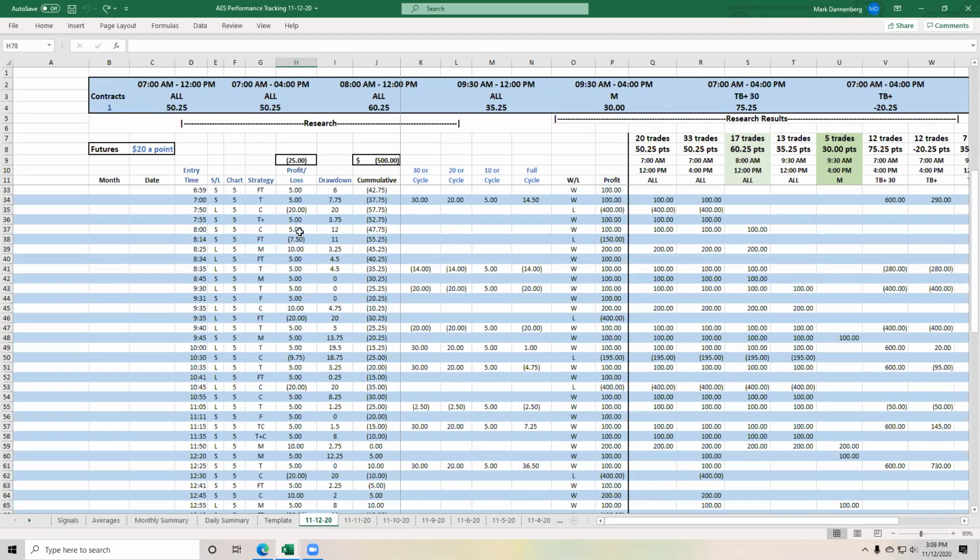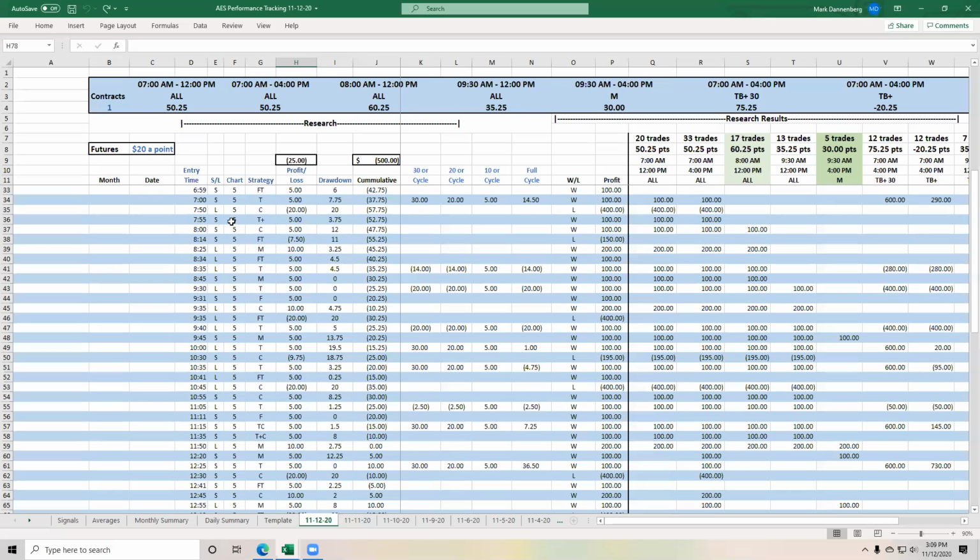So each point that we record is worth $20. So if we have a losing trade, it's that number of points times 20 on a per contract basis. If we have a winning trade, say 5 points is a winning trade, we record that as 5 times $20 per point. So 5 points is $100 per contract.